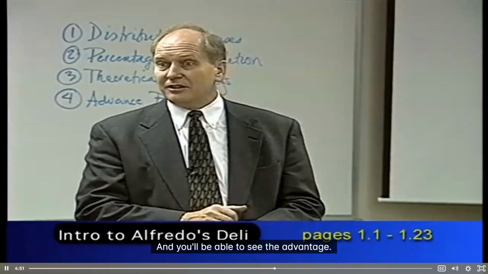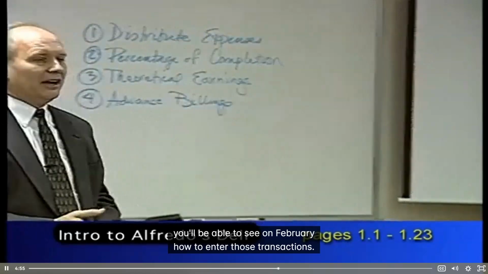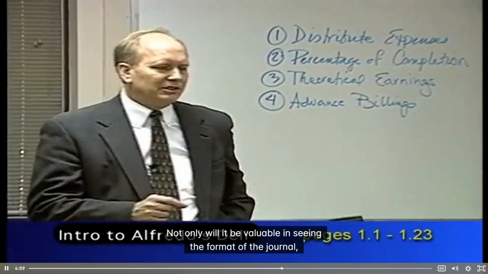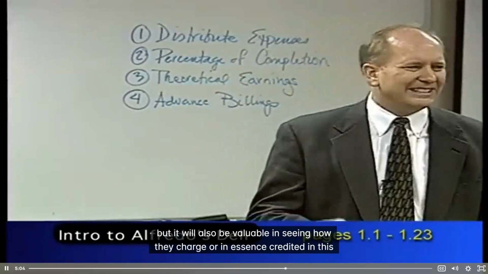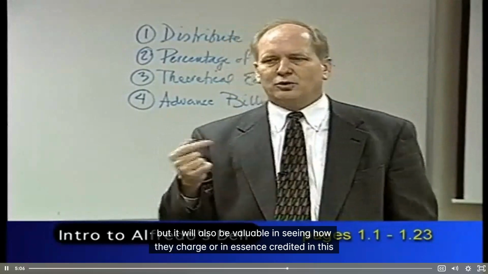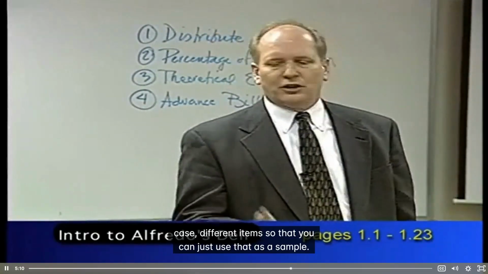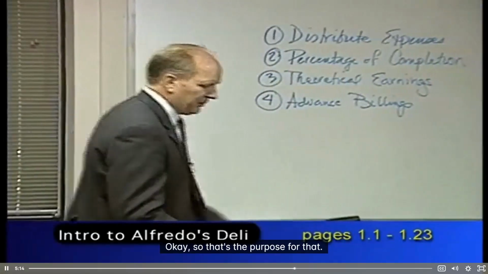And you'll be able to see the advantage by looking at January's books. You'll be able to see on February how to enter those transactions. Not only will it be valuable in seeing the format of the journal, but it will also be valuable in seeing how they charge, or in essence credited in this case, different items, so that you can just use that as a sample. Okay? So that's the purpose for that.